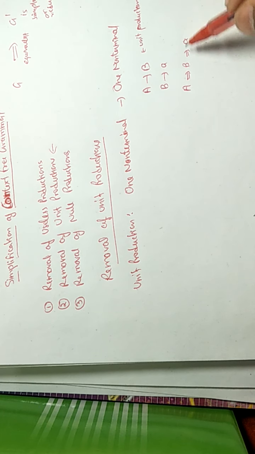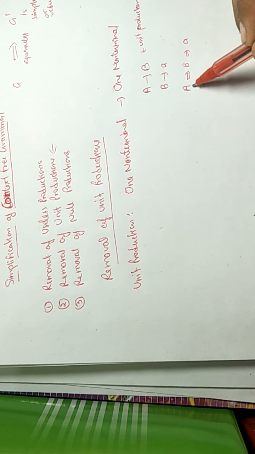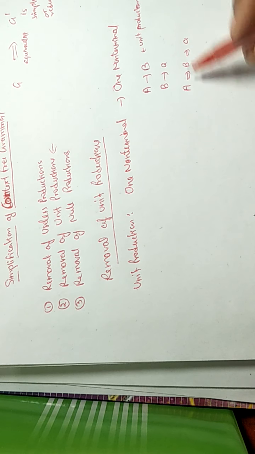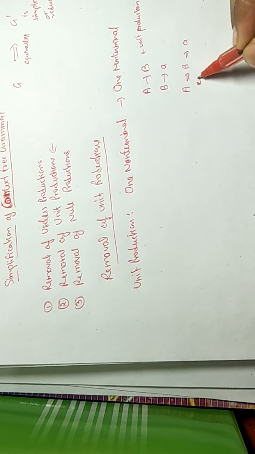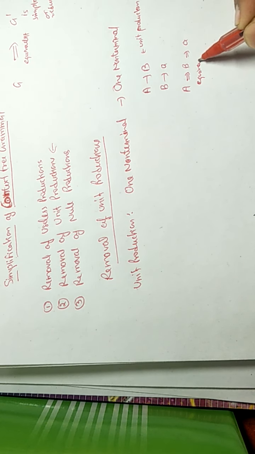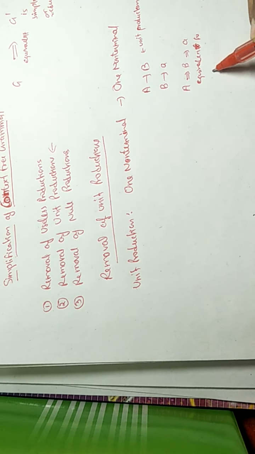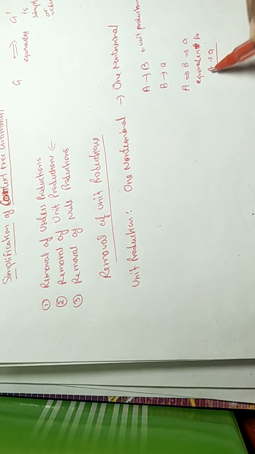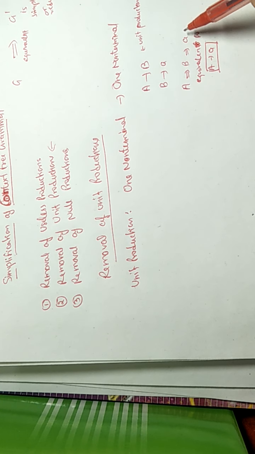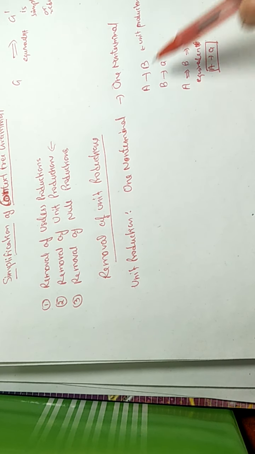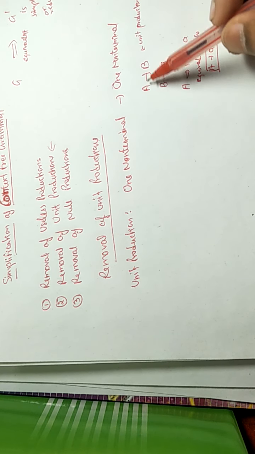We get A. First we move from capital A to capital B and then put the value of capital B. Then it is equivalent to A tends to A. Instead of going in two steps, we can directly use A tends to A. So this kind of production does not make any good sense.